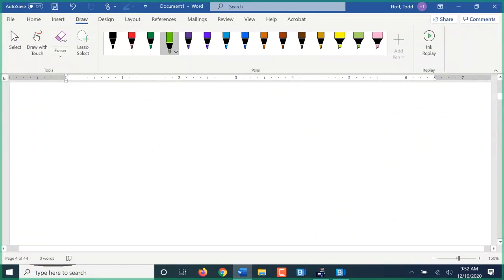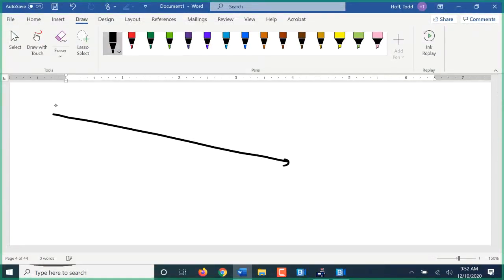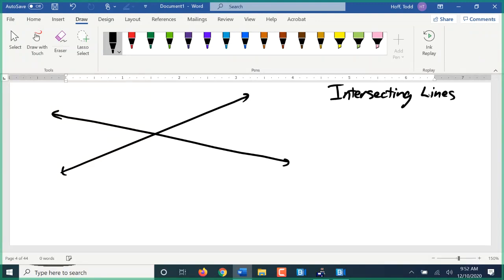Well, we have another special relationship. We look at intersecting lines, or just pairs of lines in general, but here these two lines intersect.